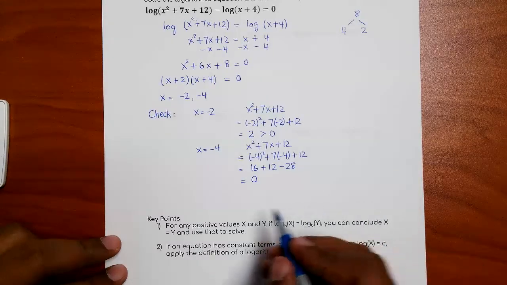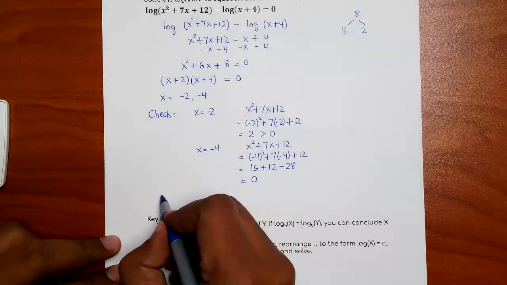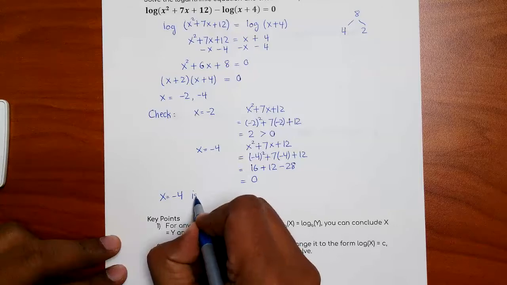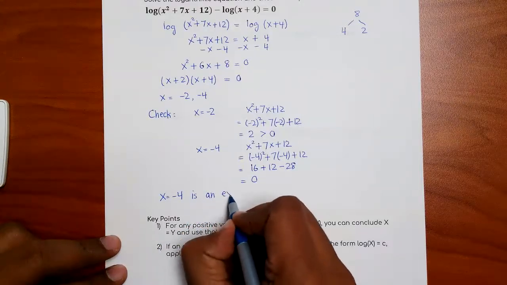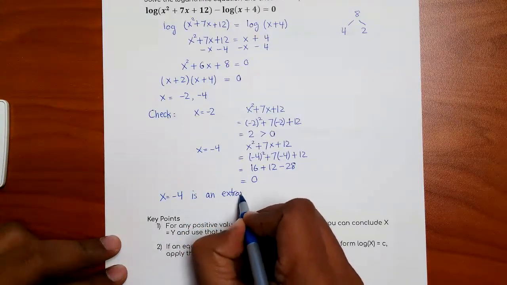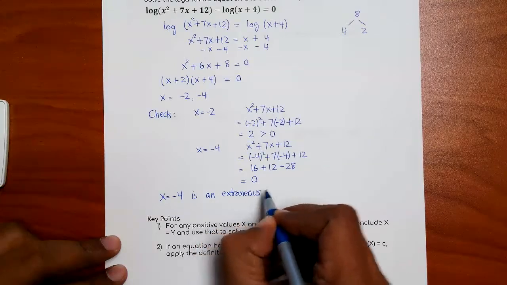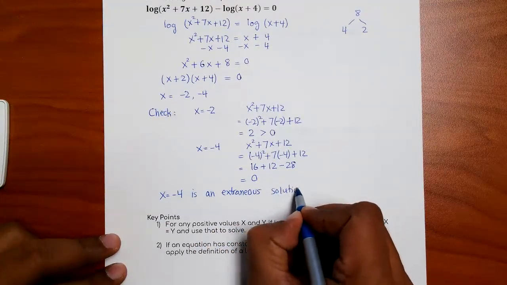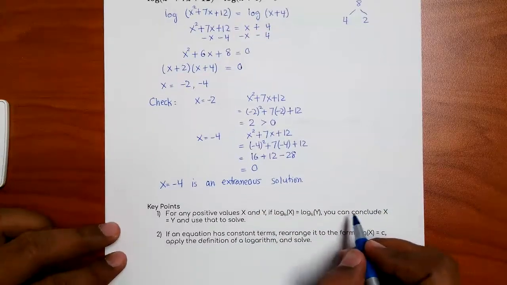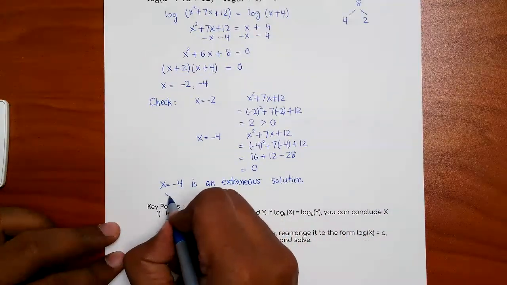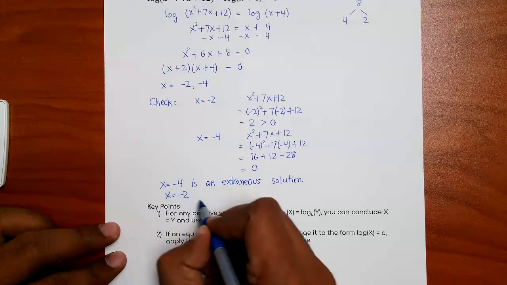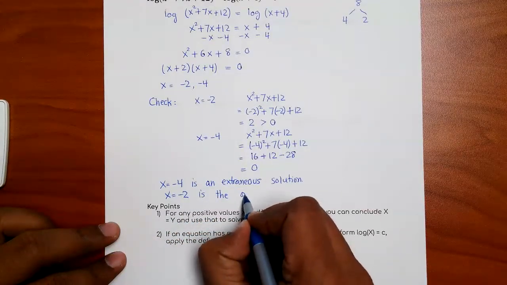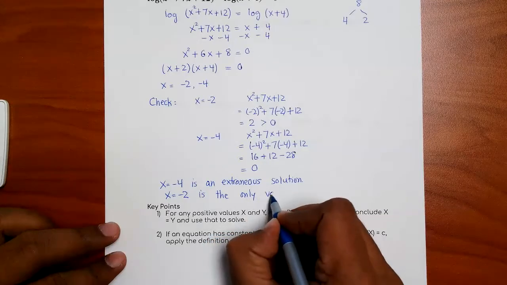So we say that x is equal to negative 4 is an extraneous solution. And I can also say that x is equal to negative 2 is the only valid solution.